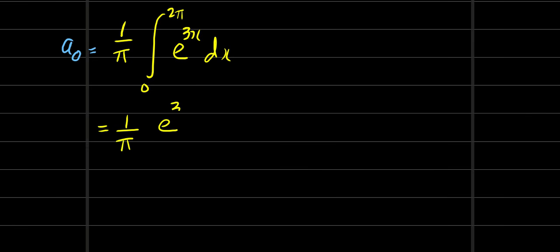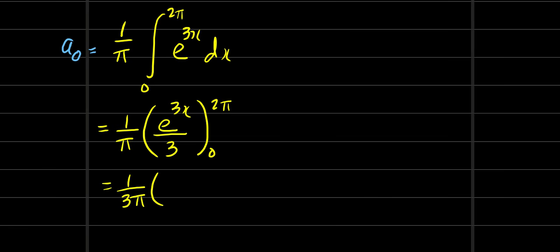E to the power 3x the whole divided by 3, from 0 to 2 pi. Now let's throw this quantity outside. Now put the upper limit, so I get e to the power 6 pi minus, when I put the lower limit, I'll get e to the power 0.